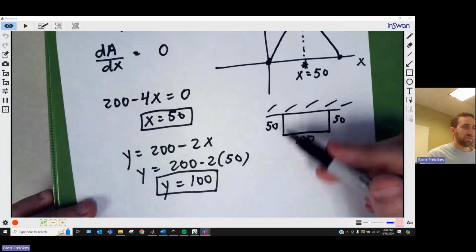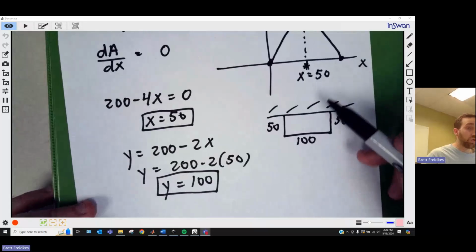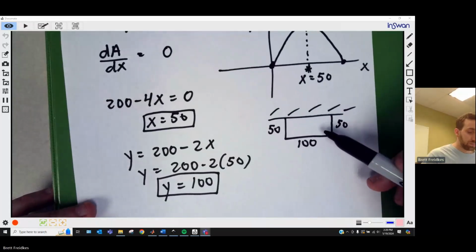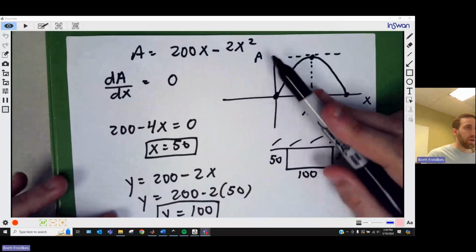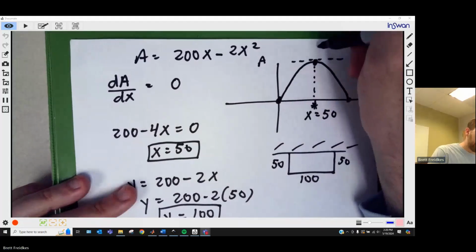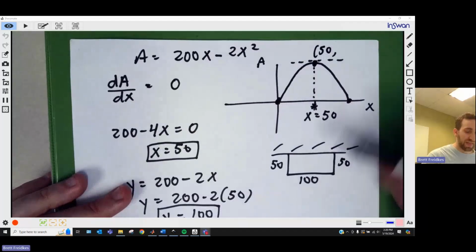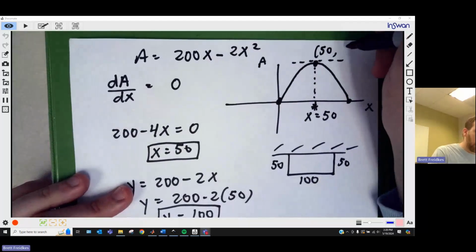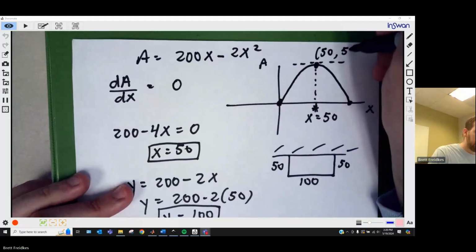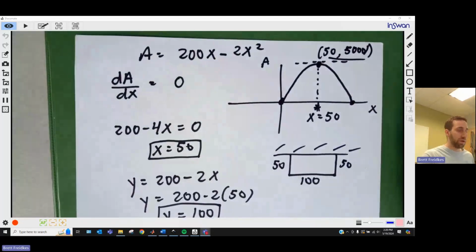We see that the sides of these three fences add together to give you 200, the amount of wood that we have. And if you were to plot this function in MATLAB or something, you'll see that this point here is 50, comma, what's the area? Well, 50 times 100 is 5,000. And that will be our maximum area.